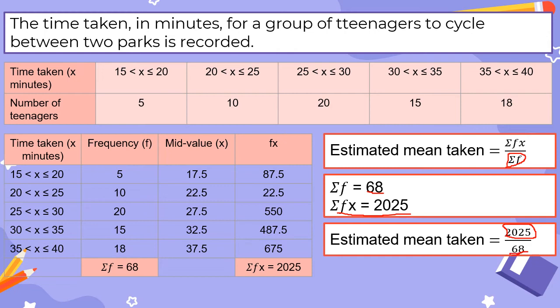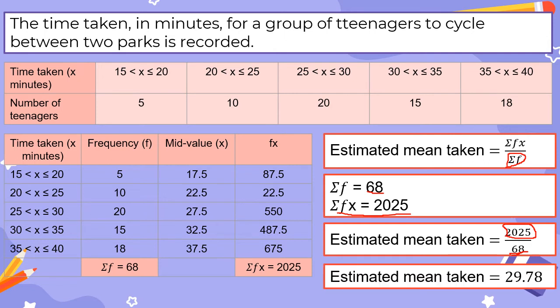Then divide: 2025 divided by 68, we have 29.78. Simplify your answer to 2 decimal places. So the mean time taken by teenagers to cycle between the two parks is 29.78.